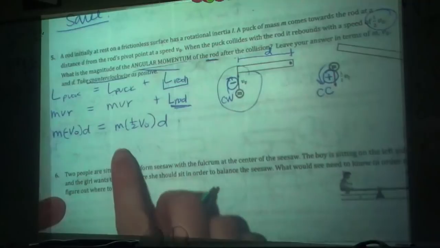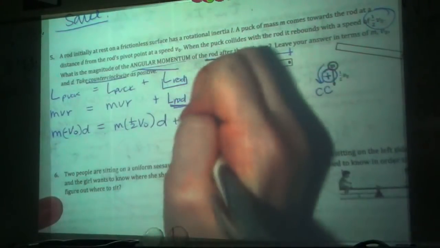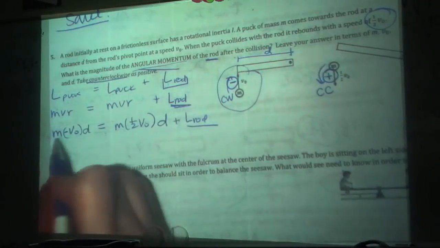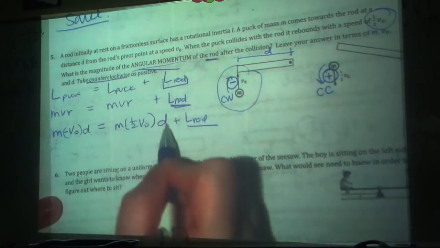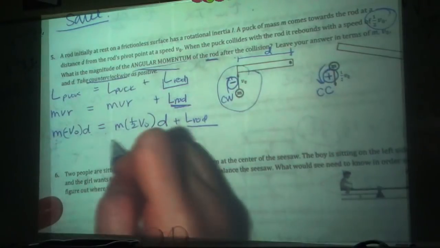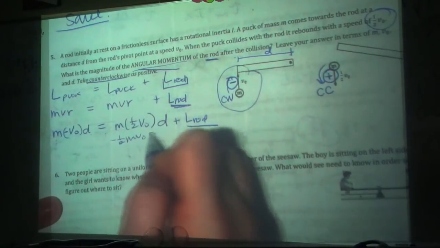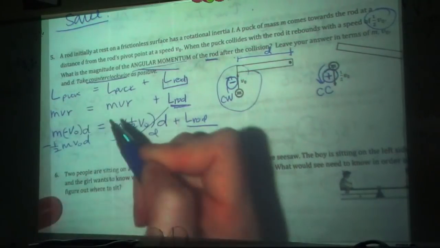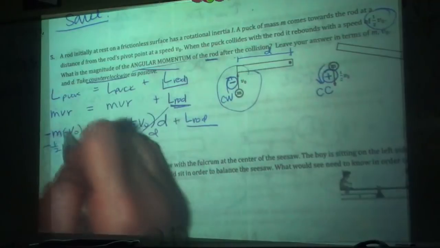So then plus the L rod, which is my unknown, I'm going to subtract this over. These are like terms because it's mv0d, mv0d, so it's just -1 minus the 1/2. I'm going to put the negative up front so that doesn't confuse us.